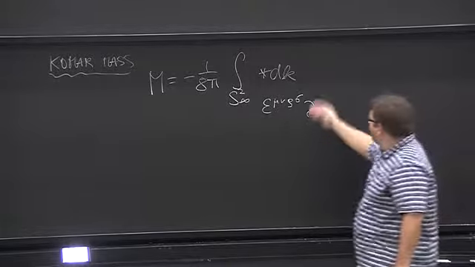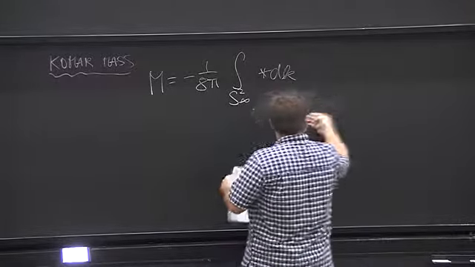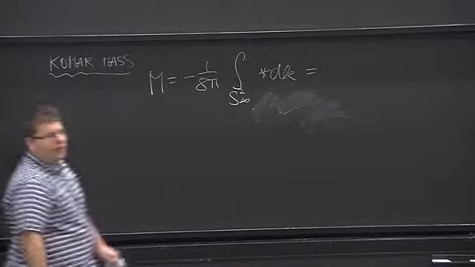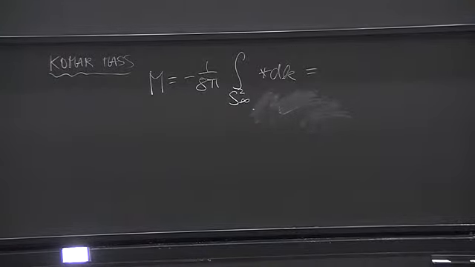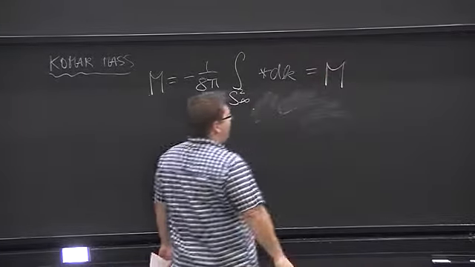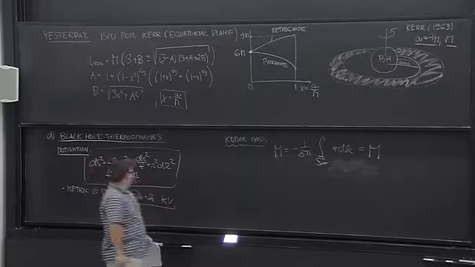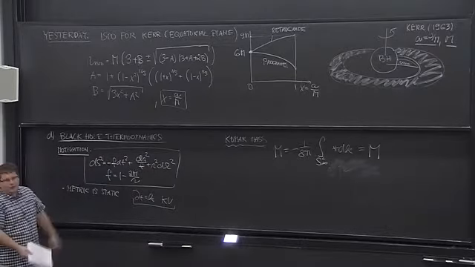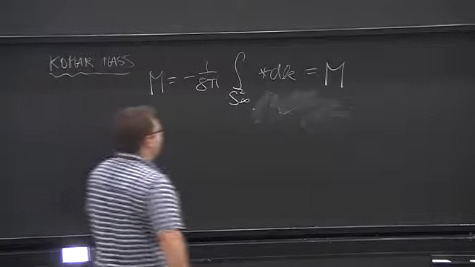So if you do this, you just find a big surprise. What do you think this is equal to? M. Right? So we are calculating the Komar mass, and this better be whatever we call the Newtonian mass for objects like this. So M is equal to M. That's fine.